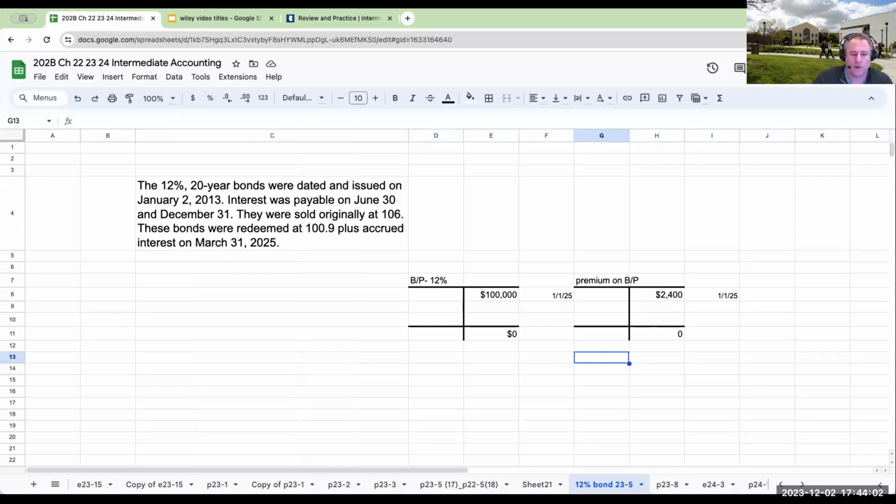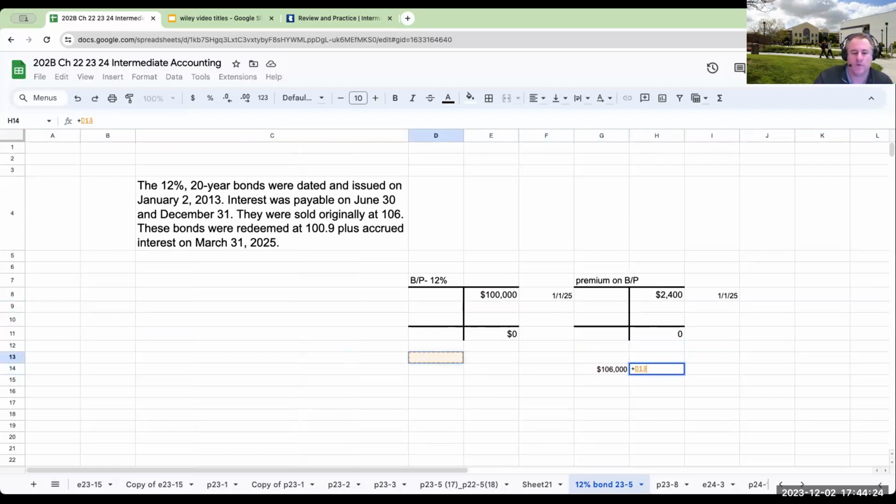These are 20-year bonds that pay interest semi-annually. Let's take a look at what happened when these bonds were originally issued. They were sold at 106, or 106% of the face value.